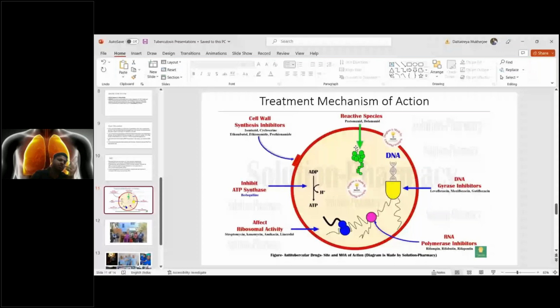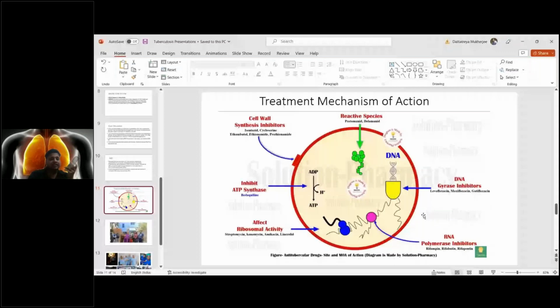Which drugs work as DNA gyrase inhibitors? Levofloxacin and moxifloxacin. Which drugs are RNA polymerase inhibitors? Rifampicin, rifabutin. Which inhibit ribosomal activity?